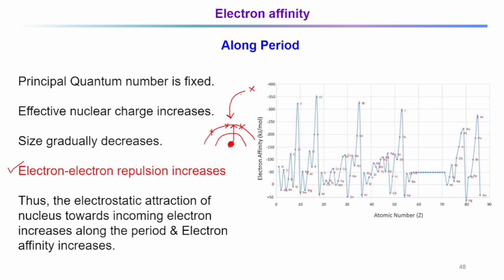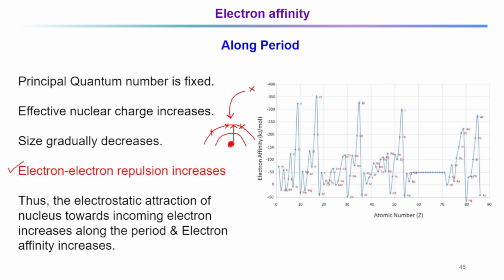So if we put one more electron, it will easily come and the nucleus will attract it with more electrostatic interaction. That's why it is a favorable process. As we increase the number of protons, the electrostatic attraction increases and electron affinity also increases. An additional electron will easily come and sit in the valence shell. So that's why along a period, the electron affinity increases.